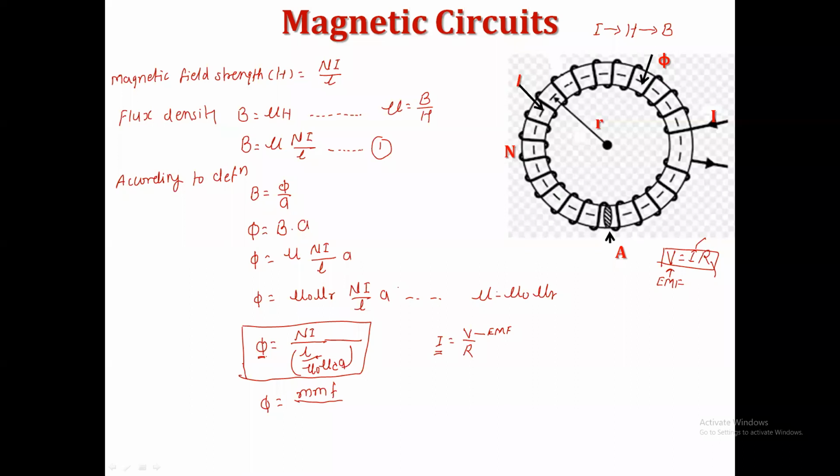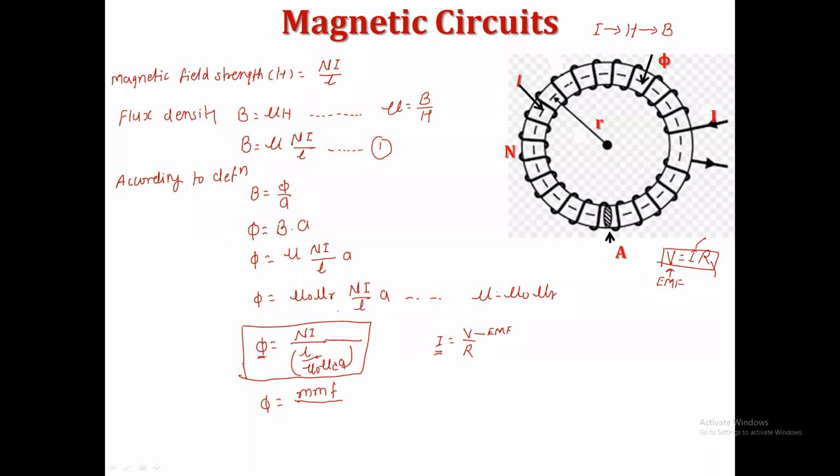And that work law gives the concept of a magnetomotive force, because it is responsible to produce the magnetic field strength, and the magnetic field strength is responsible to produce the flux density.